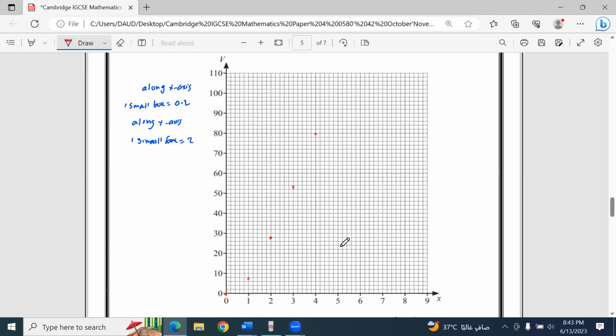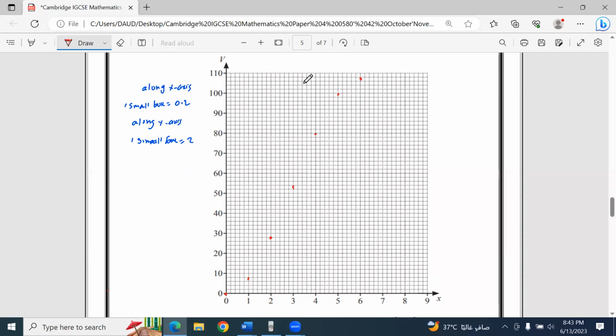So from 5 straight away go up, up, up. Where it comes to 100, put one dot there. This is the point. And at 6 it is 108, means behind 110 one box. This is, I hope, the maximum point of this curve, or cubic curve.